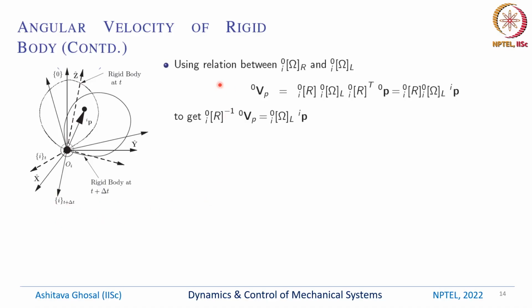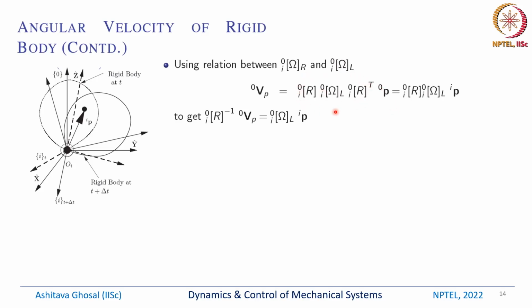Now if you use the relationship between omega R and capital omega L, which, remember, was transforming like a tensor, I can write the linear velocity of this point with respect to the 0 coordinate system as 0iR, 0iOmegaL, 0iR transpose, 0p.